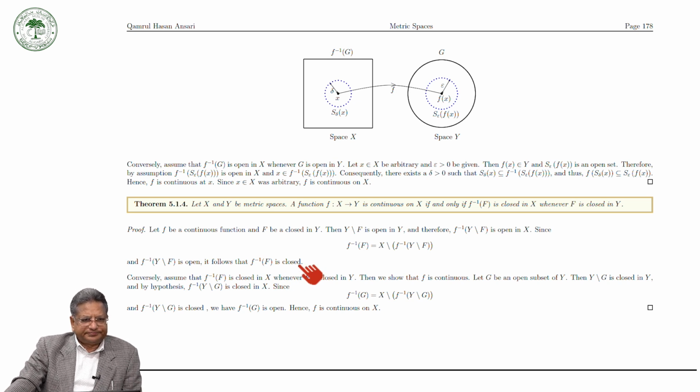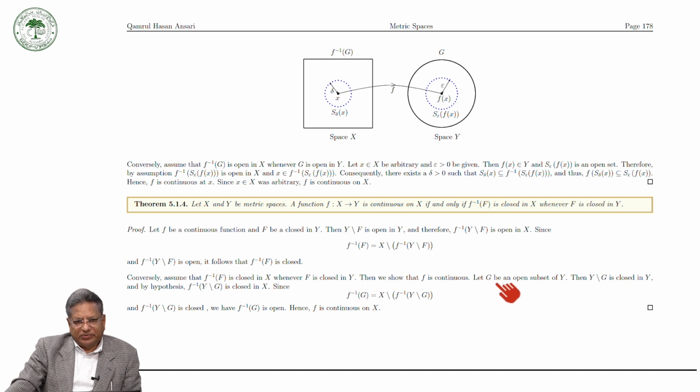Now the converse: assume that f inverse of F is closed in X whenever F is closed in Y. Then we have to show that f is continuous. To prove that f is continuous, again we will prove that the inverse image of an open set is open.